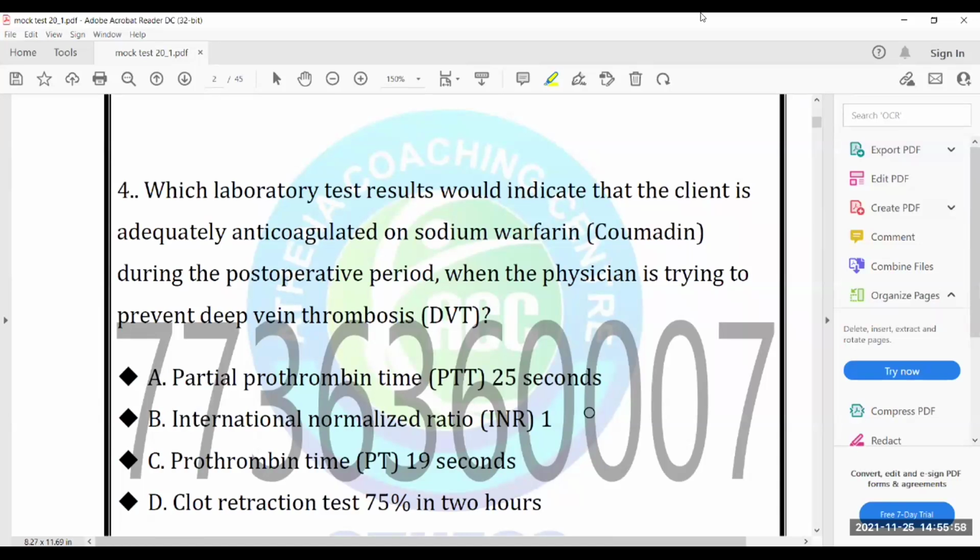Which lab value helps you identify the effectiveness of warfarin for a patient with DVT?